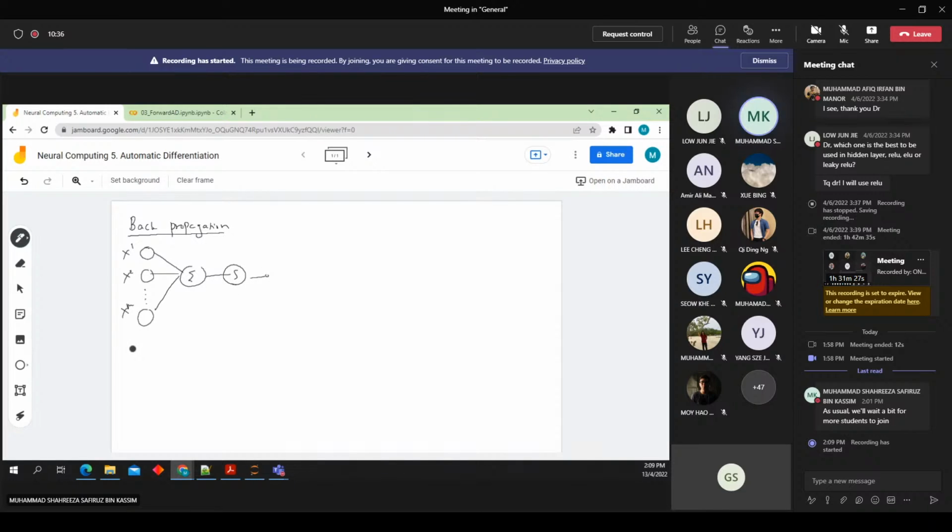Then what we do is we draw the computation. Okay, last week we did backpropagation, and we know that given a function, right? We draw a computational graph.